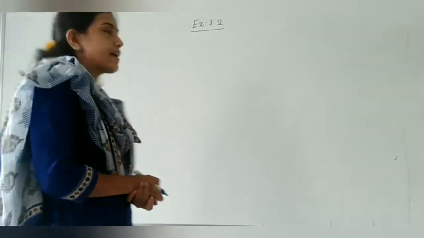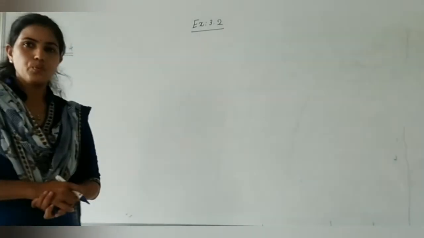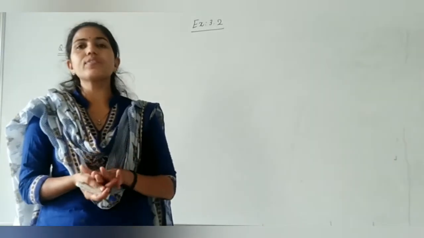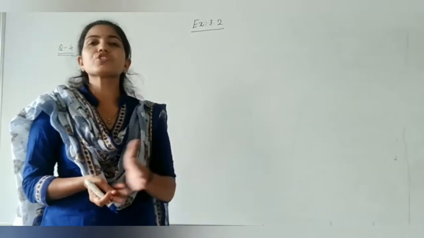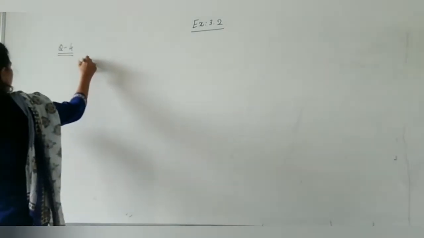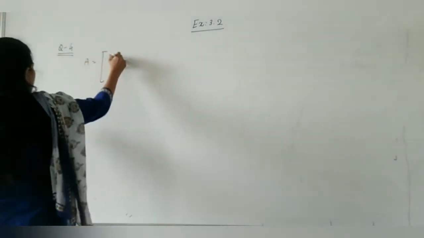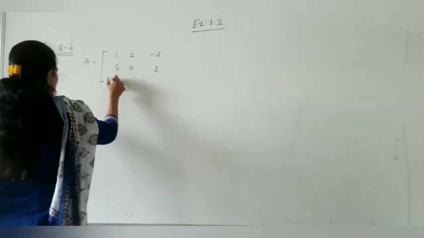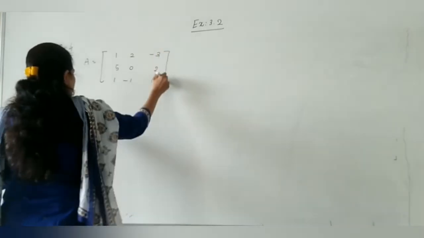Now let me start with question number 4. Question number 3 is based on the multiplication that we will take with all the questions of multiplication together. So now our question number 4: A is 1, 2 and minus 3, 5, 0, 2, 1, minus 1 and 1.